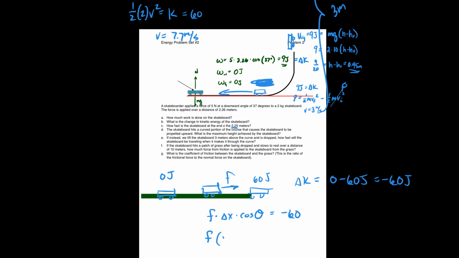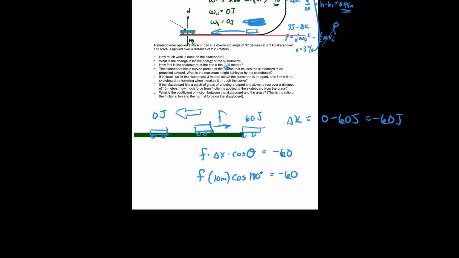Friction times 10 meters, how far the car travels in the grass, times the cosine of 180 degrees, because friction is to the right, but the car is moving to the left. All good? Equals negative 60. So, seems to me friction is going to be 6 newtons. And considering that mu is friction over the normal force, mu is going to be 0.3.